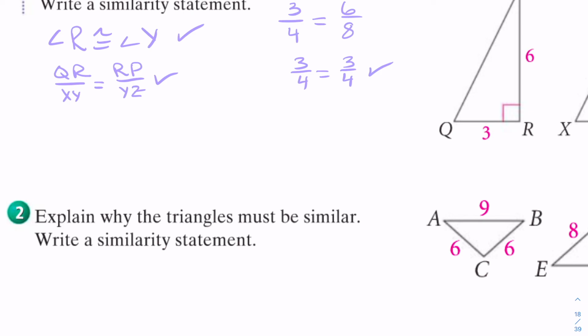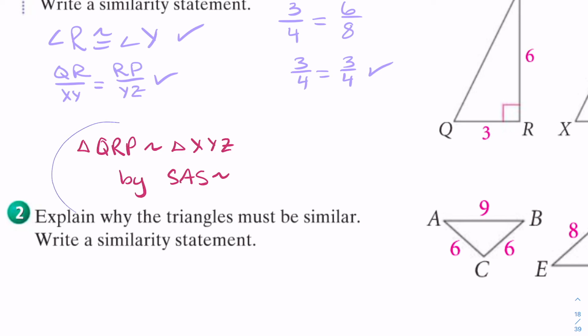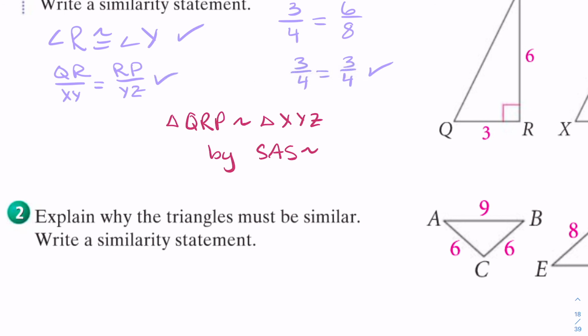So I'm going to say triangle QRP is similar to triangle XYZ by the side angle side similarity. And I'm going to say the ratio is 3:4.